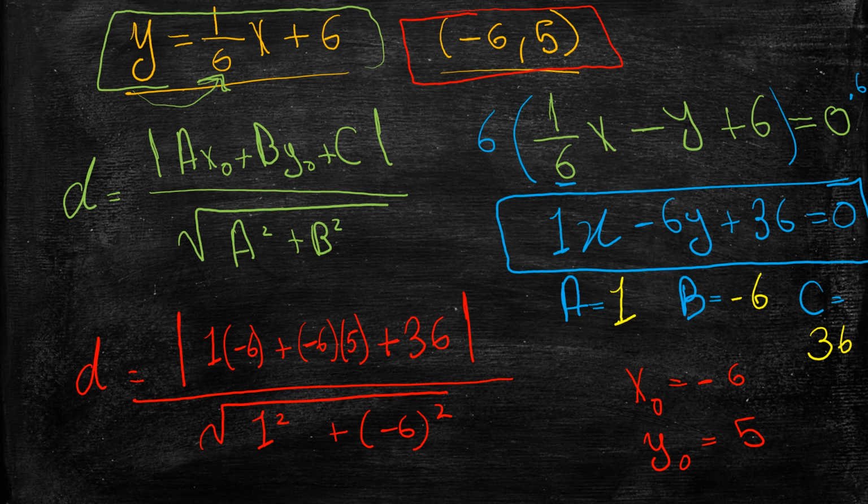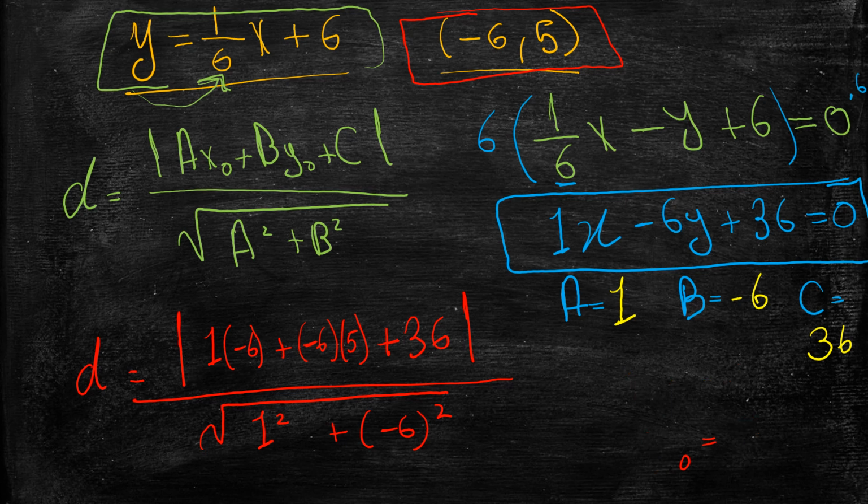Let's simplify. If you simplify the denominator, you will get the absolute value of minus 6 plus minus 6 multiplied by 5 is minus 30, plus 36, divided by the denominator. Let me write it properly.